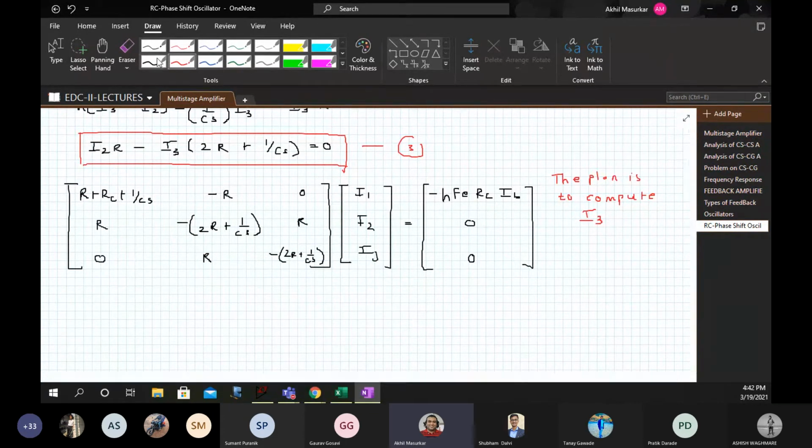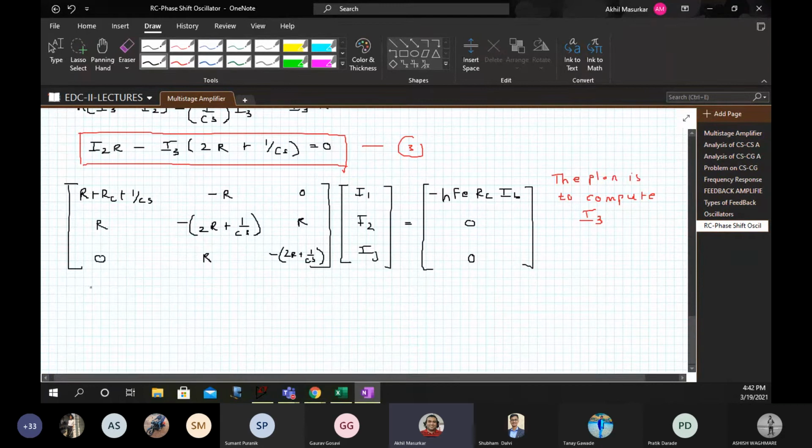Now before we calculate the value of I3, basic mathematics would tell me I3 would be delta I3 upon delta, where delta is the determinant of this matrix.